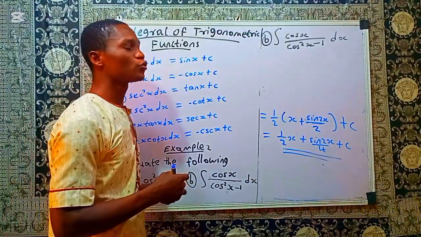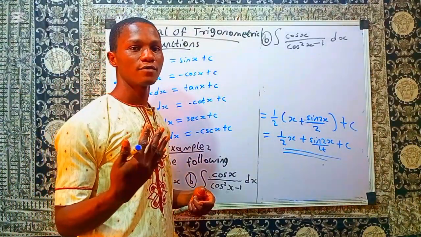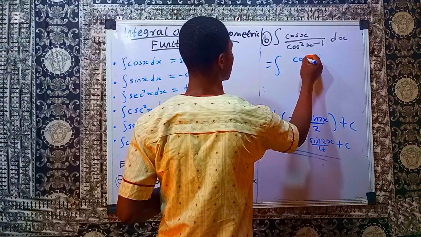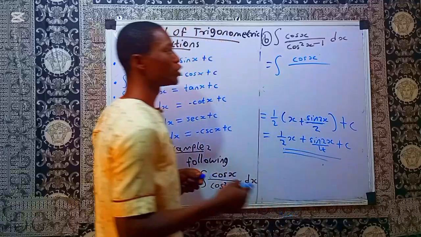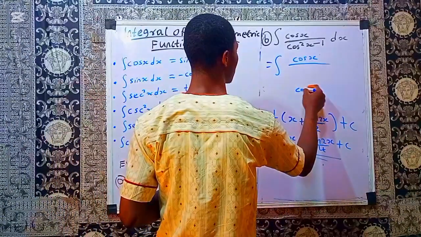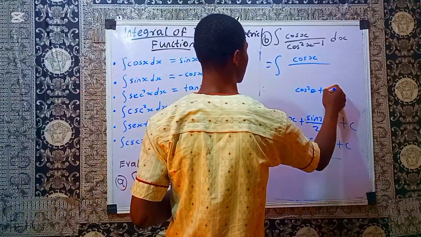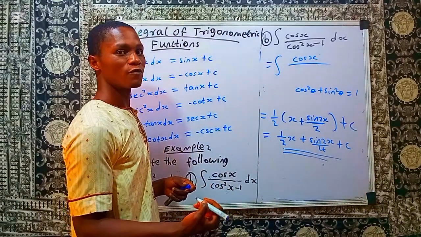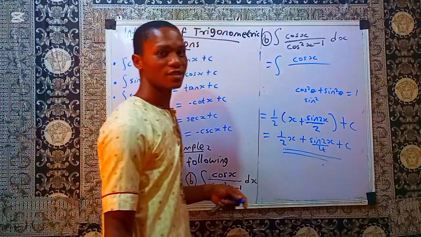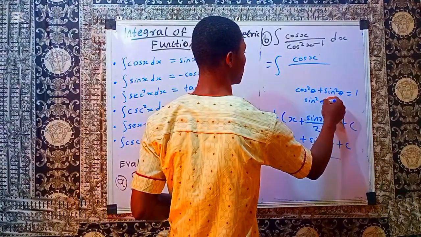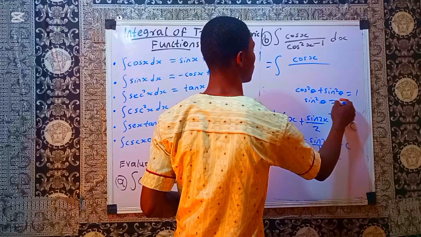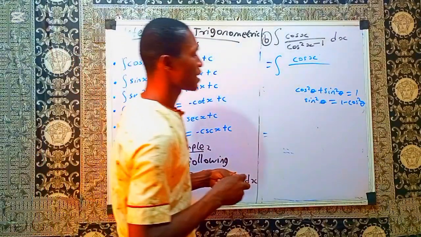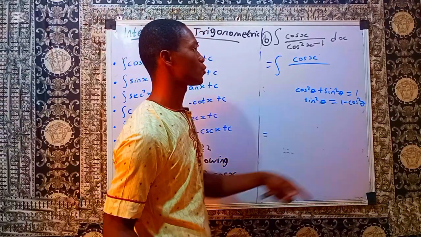So I'm still going to use trigonometric identity to simplify this. So this will be integral of cos x divided by, we know that cos squared theta plus sine squared theta is equal to 1. This is what we know from trigonometry. Sine squared theta will be equal to 1 minus cos squared theta.